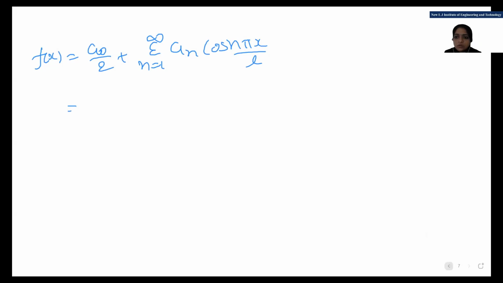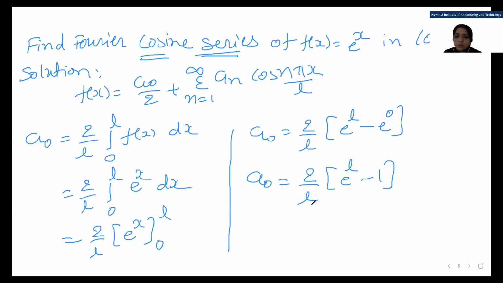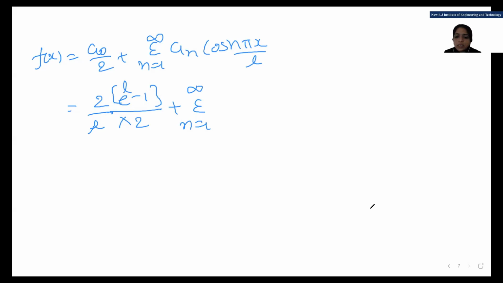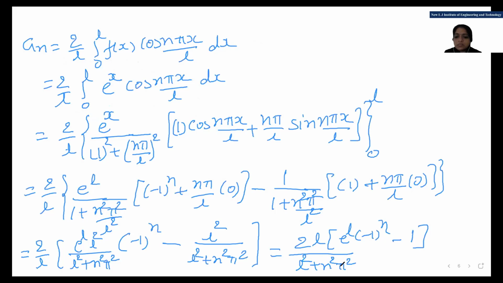So value of A0 is here 2 by L e raised to L minus 1, so 2 by L e raised to L minus 1 upon 2, right? Now summation n 1 to infinity. And what about the an? Our an is 2L upon L square plus n square pi square, here e raised to L minus 1 raised to n minus 1.